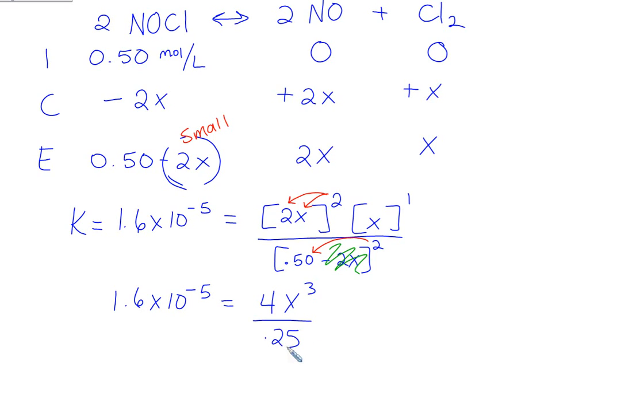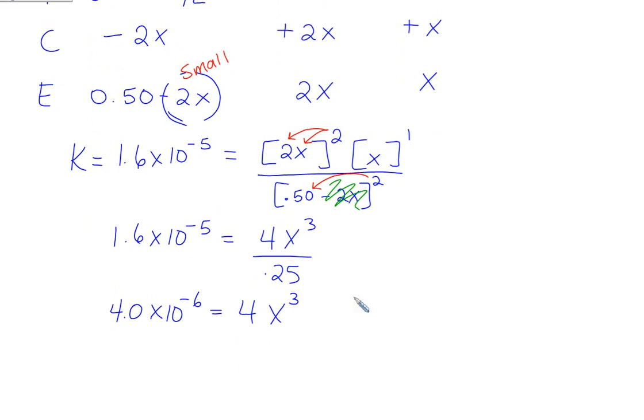Then I could cross multiply and simplify that out and say 4.0 times 10 to the negative sixth equals 4x cubed. Okay, and now I could simplify further and say 1.0 times 10 to the negative sixth equals x cubed.